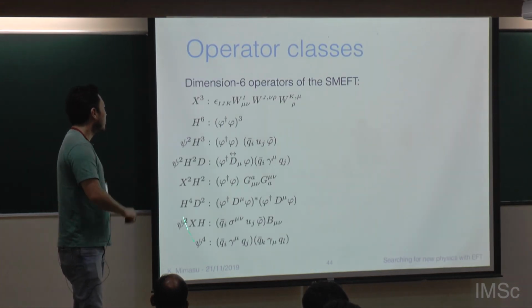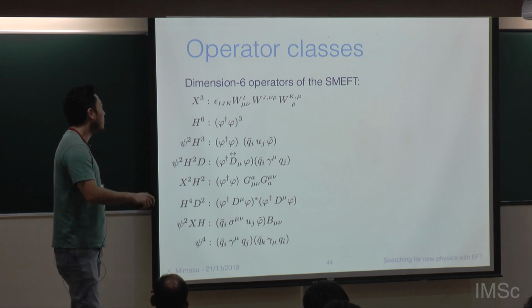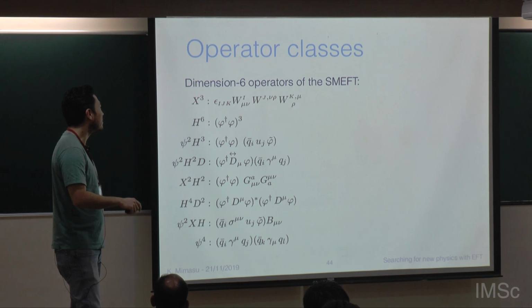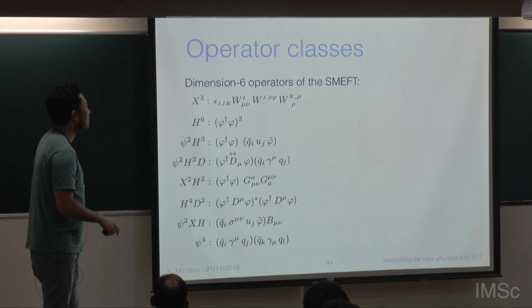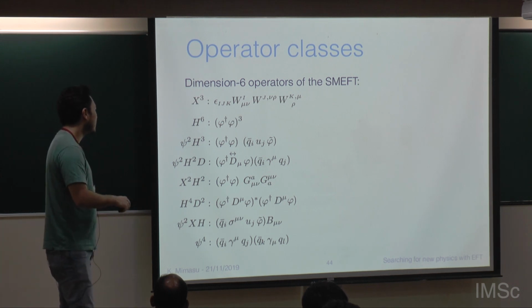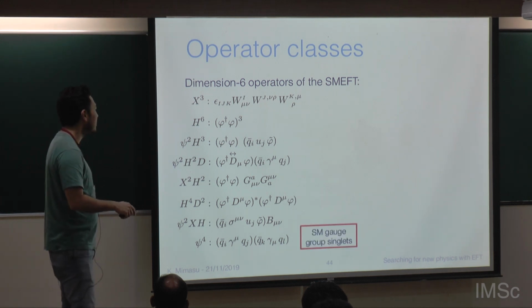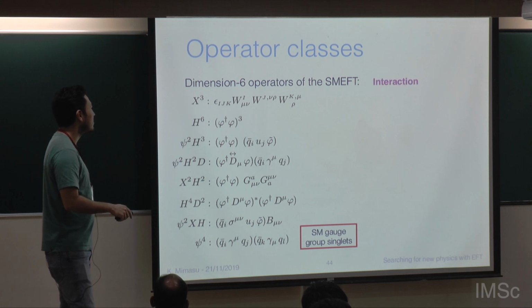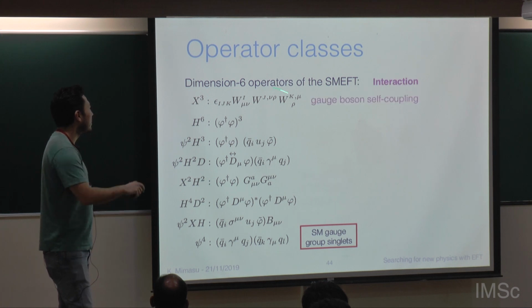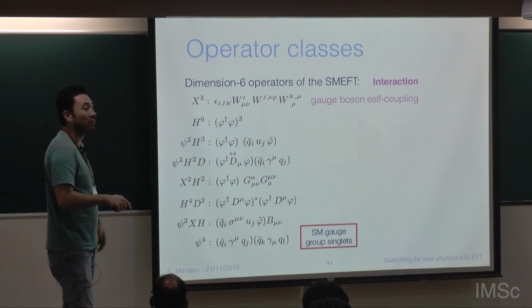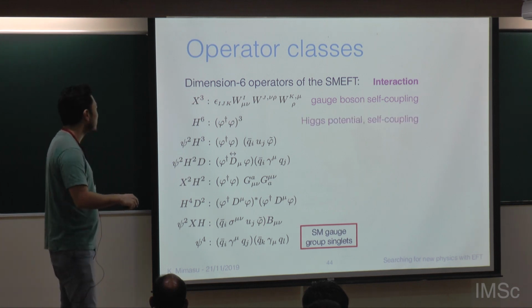So this is just to give you a flavor of the kind of things that crop up. You can, of course, convince yourself that all of these things have mass dimension 6, with various different creative combinations of standard model representations, and gauge invariant dimension 6 operators. So if you think about this, for example, you have these 3 field strength tensors, so this is going to be somehow related to the self-coupling of the gauge bosons.